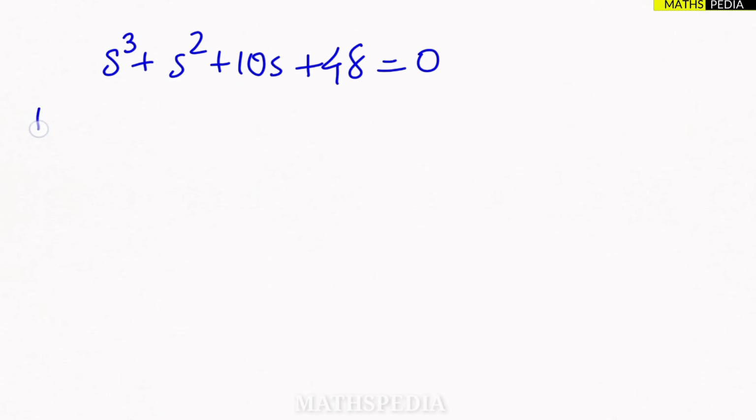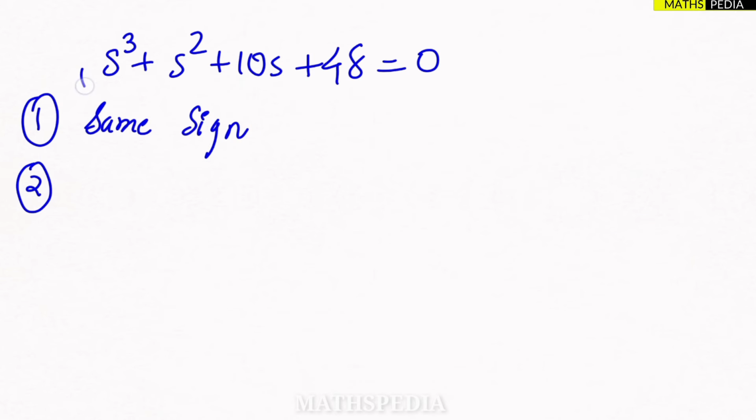Here both the conditions are satisfied because all the coefficients have the same sign, plus plus plus plus everywhere, and there is no coefficient with 0. If you observe, s power 3 is there, 2 is there, 1 is there, and s power 0 is also there, so there is no missing term.